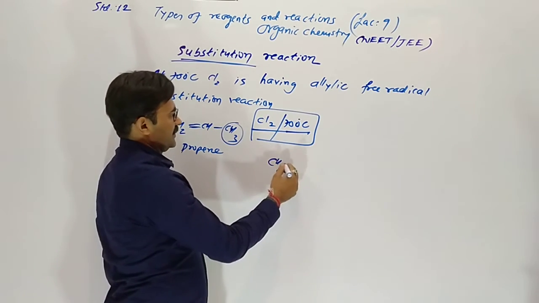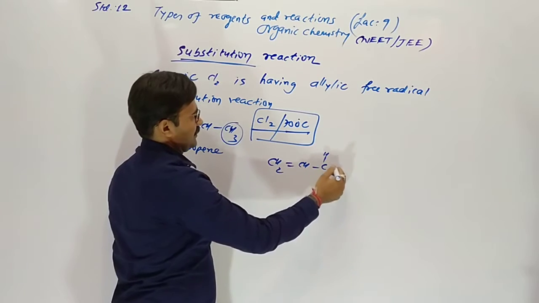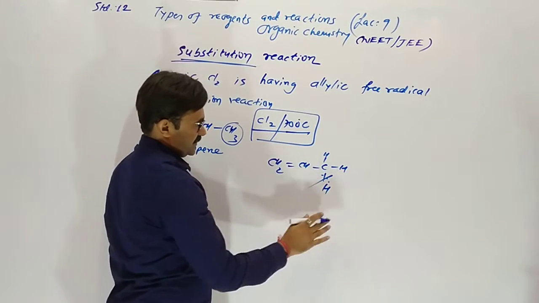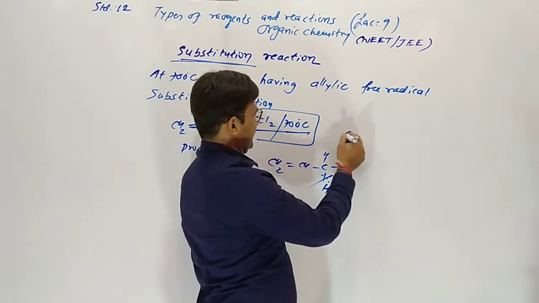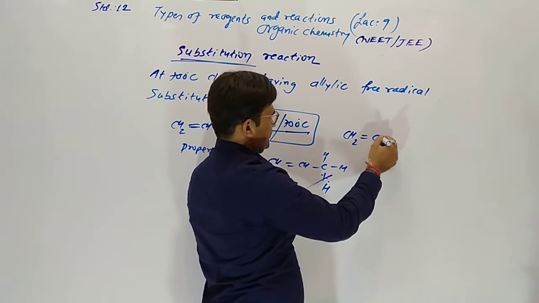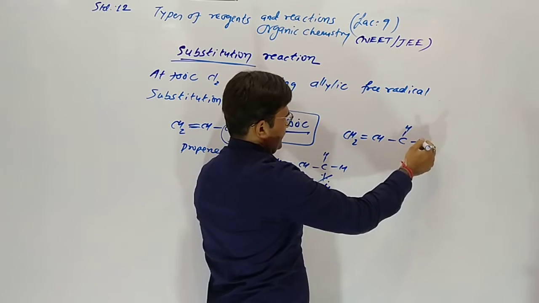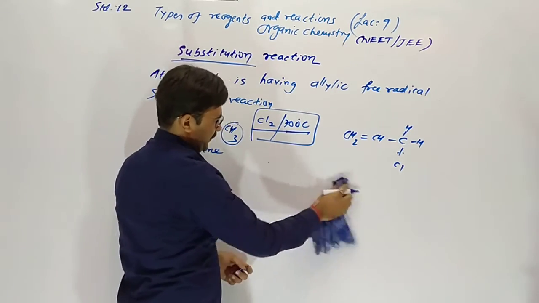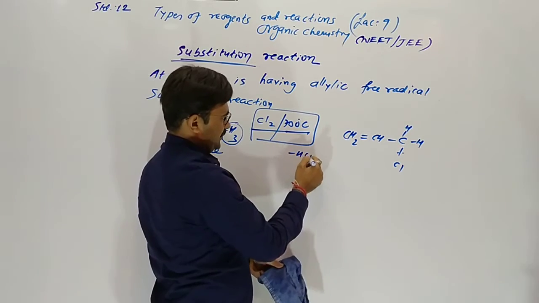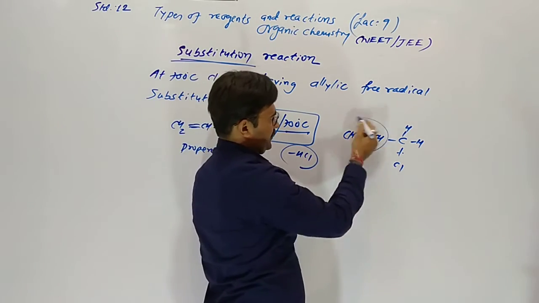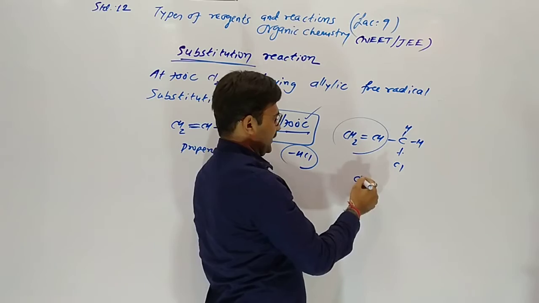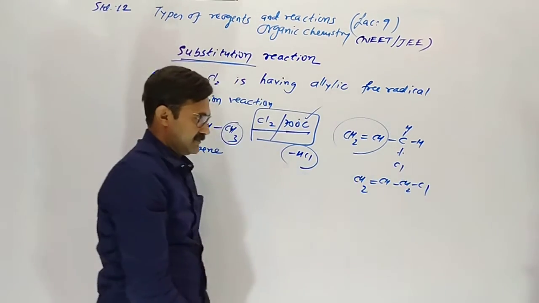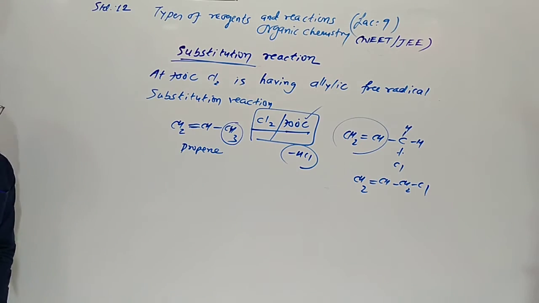How? One carbon with one hydrogen, both separate there, and chlorine enters. CH2 double bond CH, CH2Cl. This is our product here. No effect occurs on the double bond at 700 degrees Celsius. It gives 3-chloropropene.